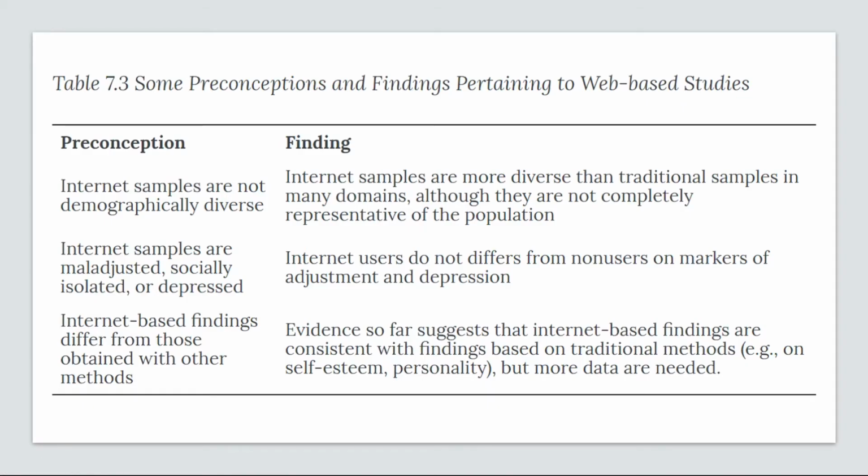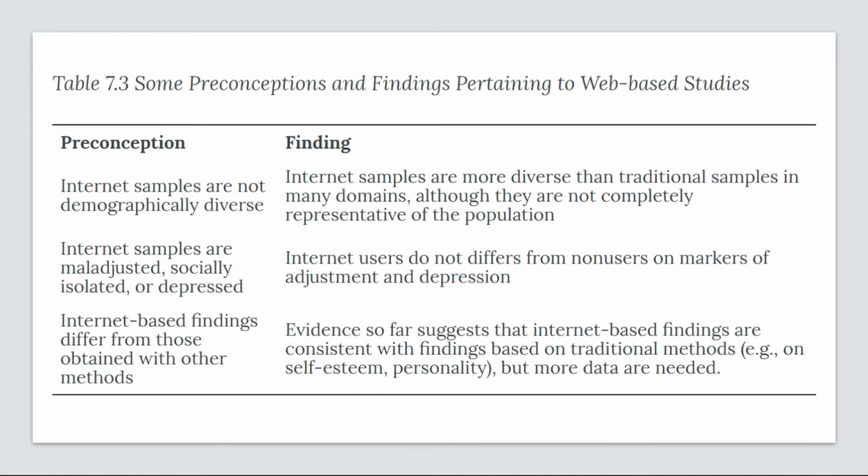Finally, it's important to note that some of the concerns that people have about collecting data online, for example, that internet-based findings differ from those obtained with other methods, have been found to be myths. Table 7.3 addresses 3 such preconceptions about data collection in web-based studies. For example, the preconception that internet samples are not demographically diverse is a myth. The finding is that internet samples are more diverse than traditional samples in many domains, although they're not completely representative of the population.